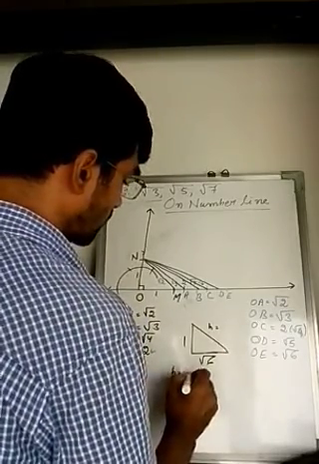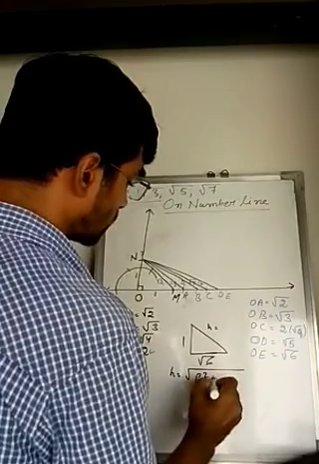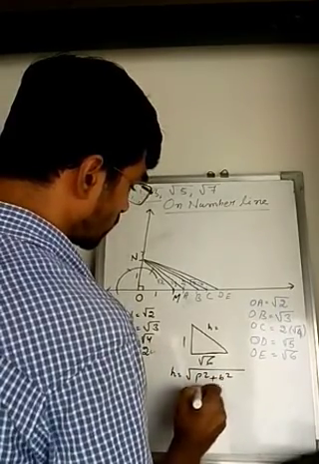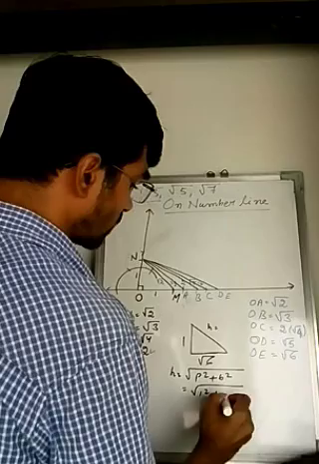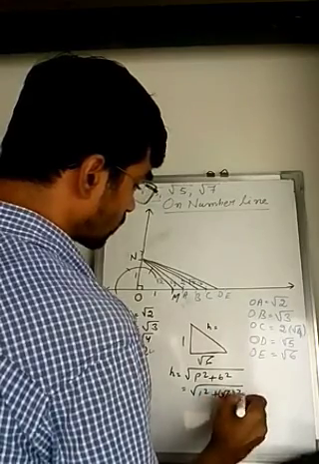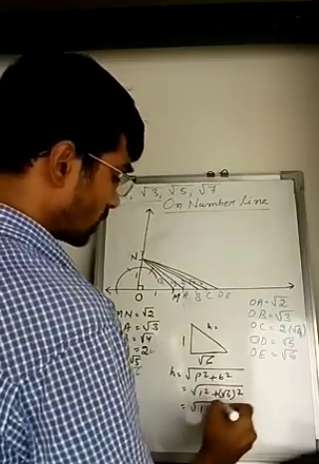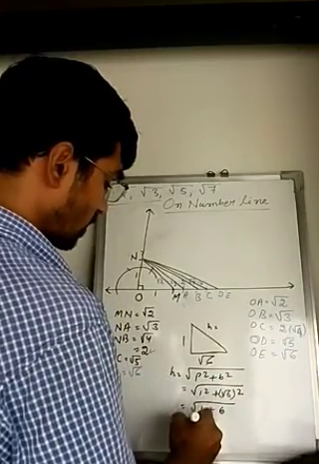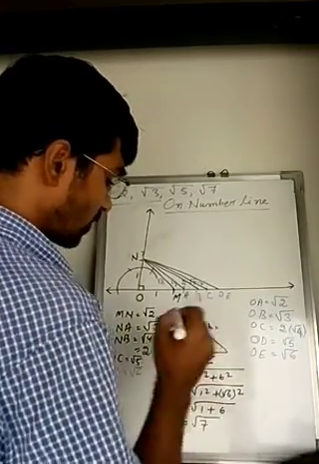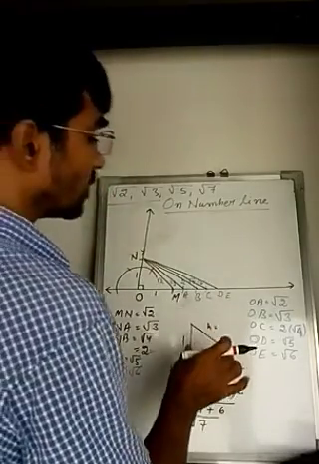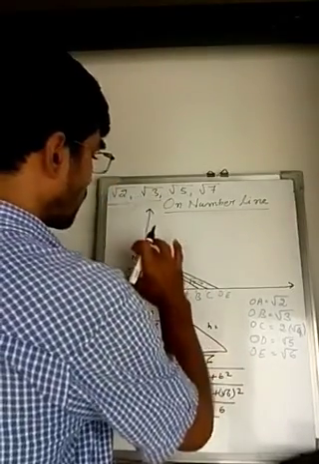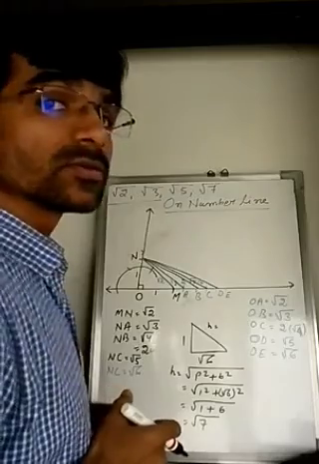Then with the help of Pythagoras theorem, P square plus B square, P square means 1 square, B square means root 6 square. Then 1 square is 1, root 6 square is what? Only 6. Then I got 7, root 7. If the base is root 6 and the perpendicular is 1, then I will get very easily root 7.